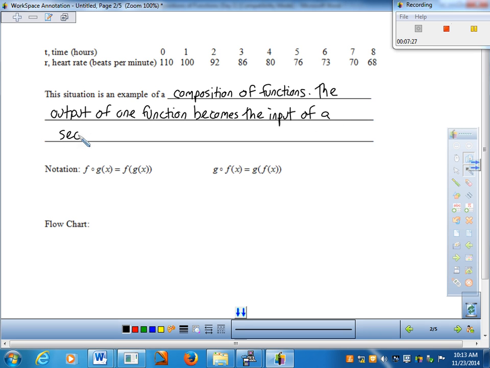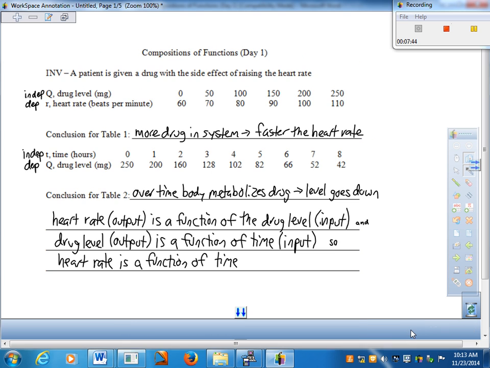So write that in for me. Again, we'll look at the notation, we'll look at the algebra behind it, etc. So let me just make sure I have my phrasing correct up here. There we go. So the output of one function becomes the input of a second function. For our investigation, that quantity happened to be the drug level. Notice it's the output of one function and the input of another function. We combine those together and we get this, heart rate as a function of time.